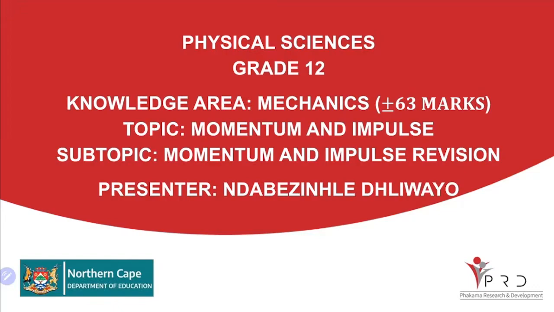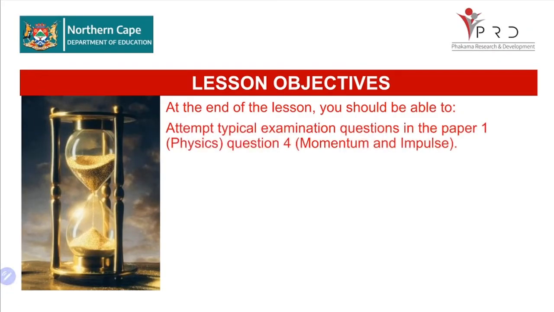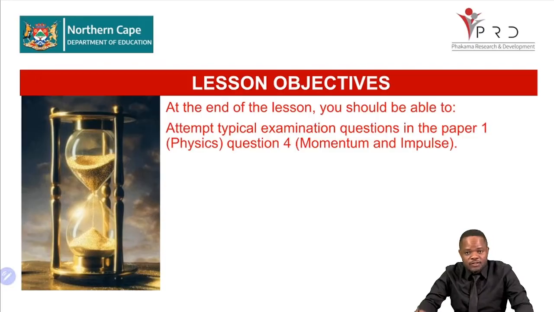In our lesson today, we're doing a revision on momentum and impulse. We're going to be attempting typical examination questions on momentum and impulse. It is important that you remember that this is question 4 in our Physics Paper 1 examination.